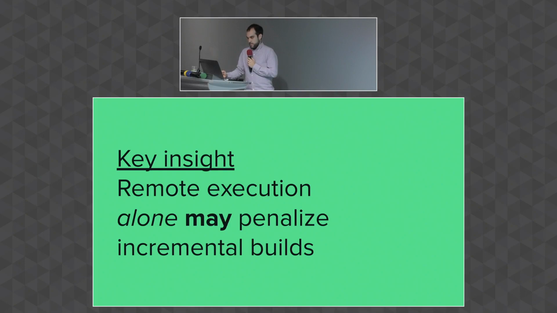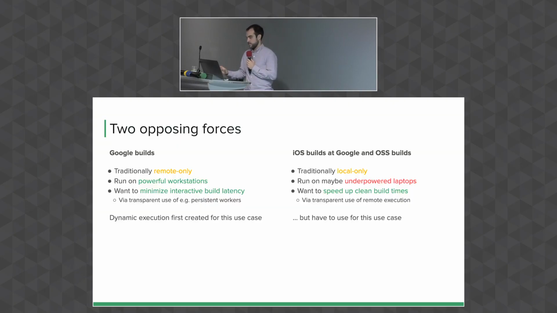OK. Now, why is the dynamic scheduler problematic, or was problematic for us? It all comes down to its history. Right? On the left side, we have the builds that we have had at Google for a long time. They have always been, for the most part, remote. And they have been run from very powerful workstations.